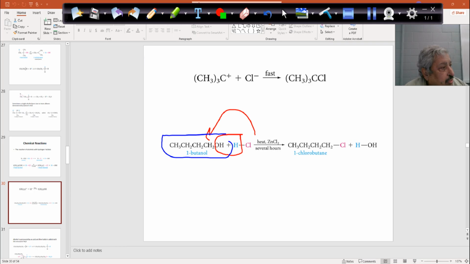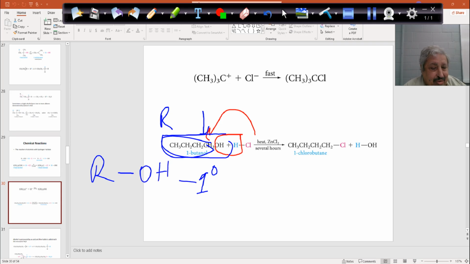Tertiary or secondary or primary? Come on, guys. That's a primary. See? Connected to the first carbon, and all the rest is R. So ROH, that's a primary alcohol. Least stable of all.